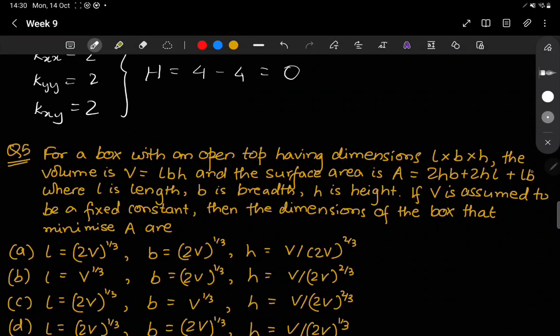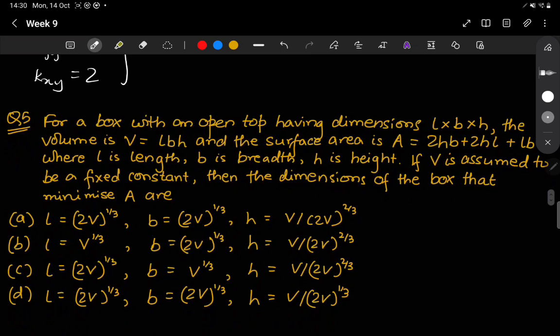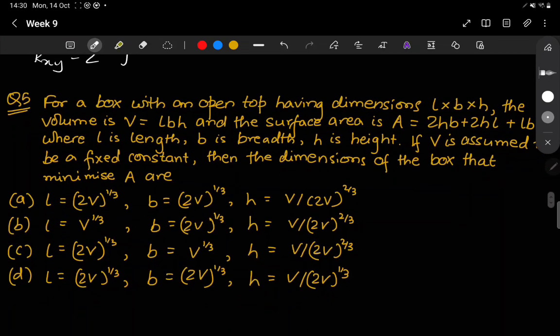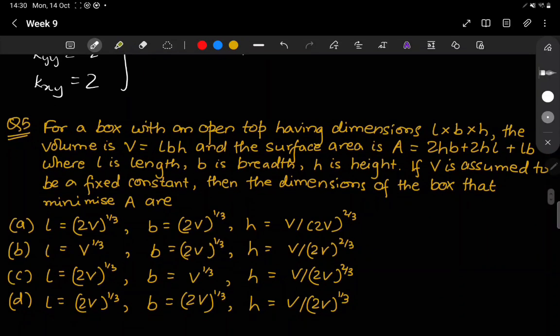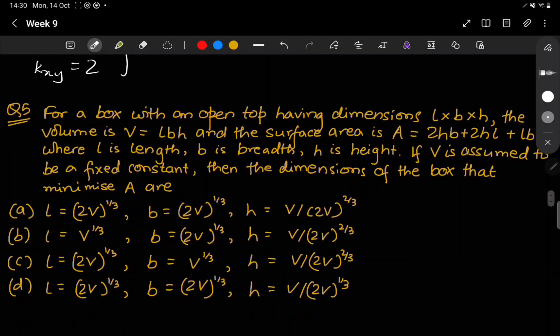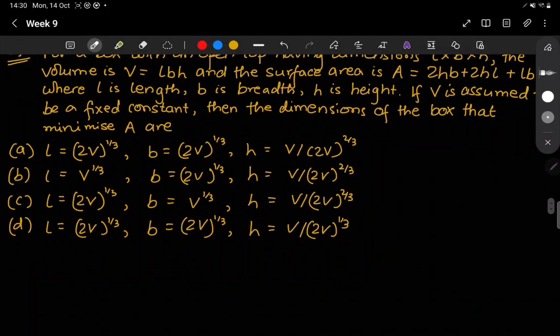So why only LB and not 2LB? Because it is an open top box, where L is the length, B is the breadth and H is the height. If V is assumed to be a fixed constant, then the dimensions of the box that minimize the area A are what we need to select from these 4 options.